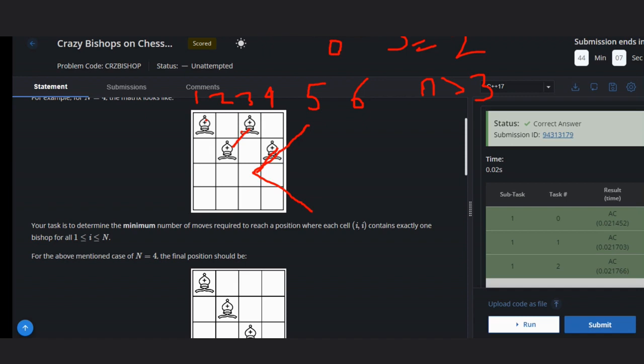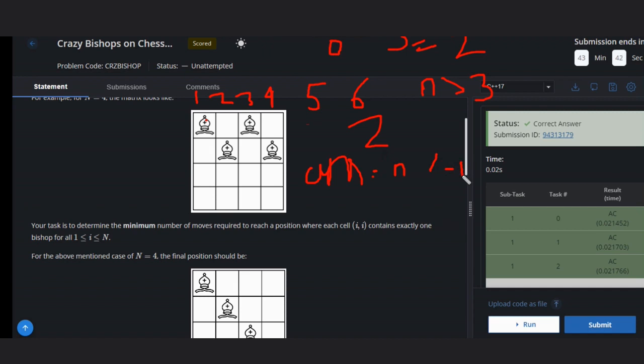So initially, if n is greater than 3, then our answer will be 2. Then we will add to the answer n/2 minus 1.